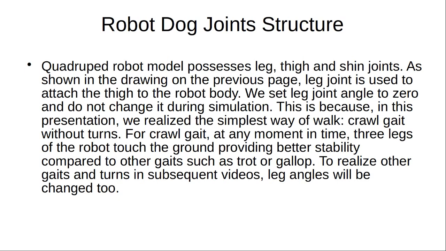This is because in this presentation we realize the simplest way of walk, crawl gait without turns. For crawl gait, at any moment in time, 3 legs of the robot touch the ground, providing better stability compared to other gaits, such as trot or gallop. To realize other gaits and turns in subsequent videos, leg angles will be changed too.